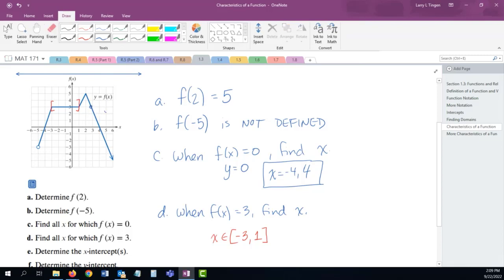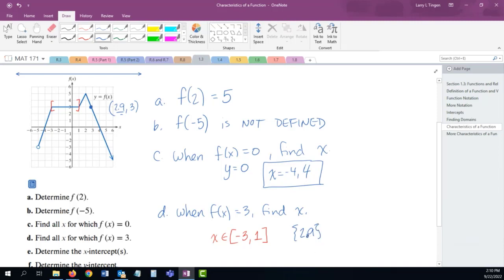It looks like I'm just to the right of x is 3, so I'm going to call that 2.9. It's positive. I really wish it was right on that edge, but it's not. So when y is 3, I hit right here, so that's 2.9, something like that. So 2.9 is also part of my answer. I need to write just a single number, 2.9, and put it in the solution set as well.